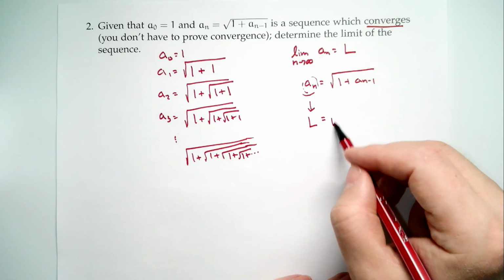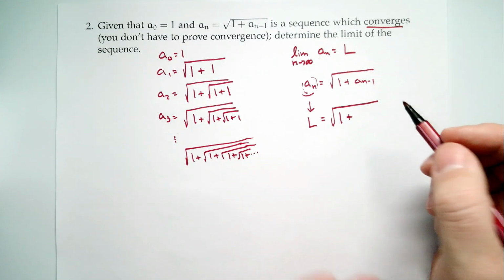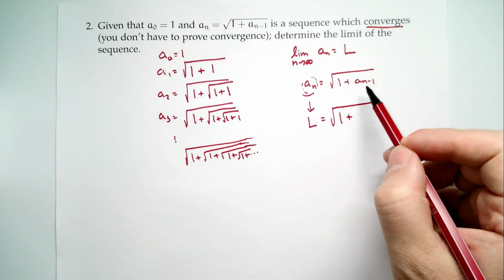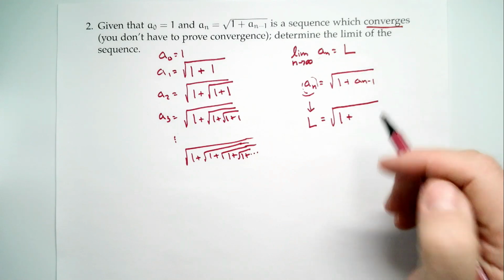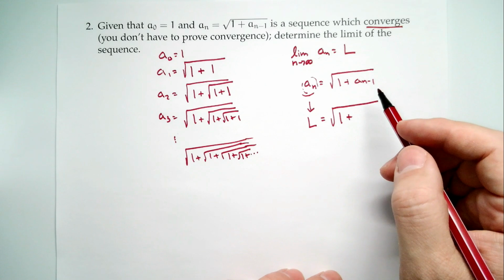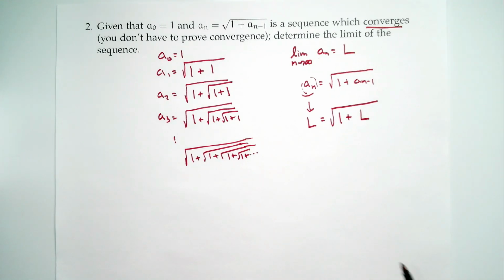Well, the square root and the 1 and the plus, that is what it is. What happens to a sub n minus 1? Now, we know that a sub n is getting close to L. What is a sub n minus 1 getting close to? Well, it turns out the answer is L. Now you might say, what? Why?